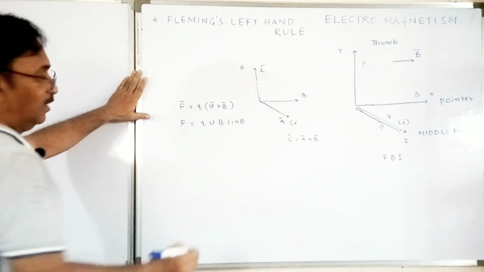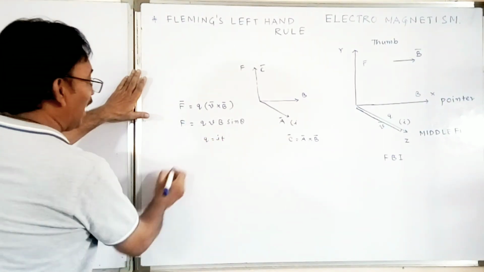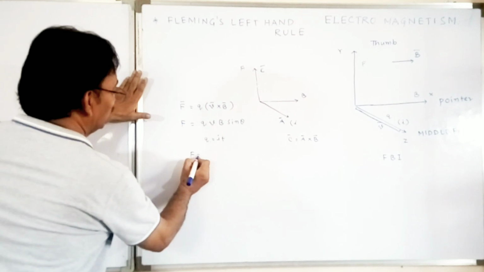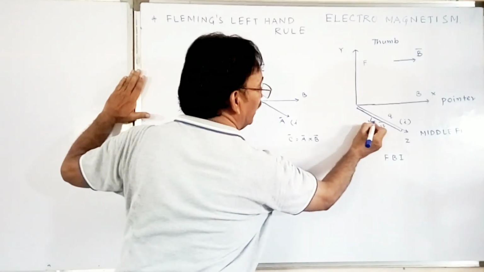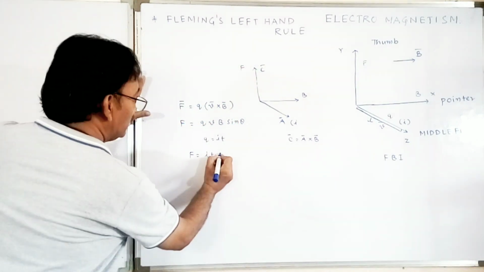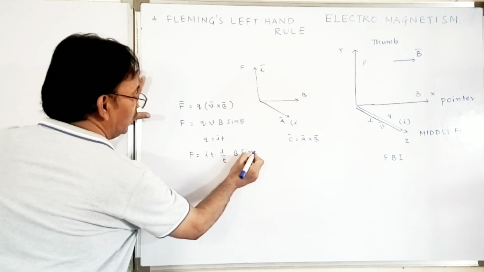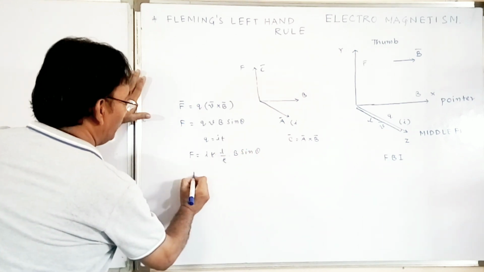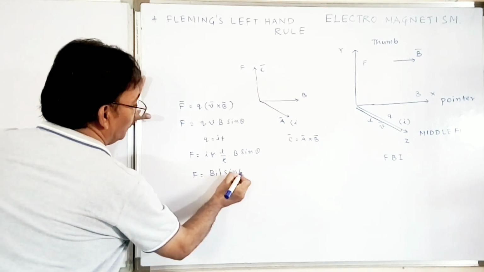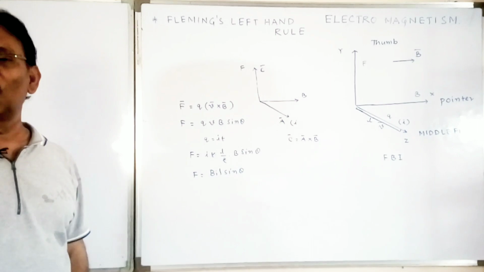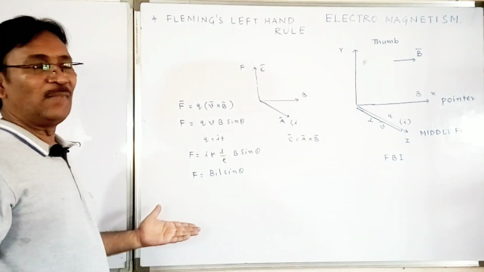But Q is equal to IT. If you put the value in, F is equal to IT multiplied with velocity. Let's say the length of the conductor is L. Velocity is equal to L by T, into B multiplied with sine theta. T and T get cancelled, and we get F is equal to BIL sine theta, the force experienced by the conductor.